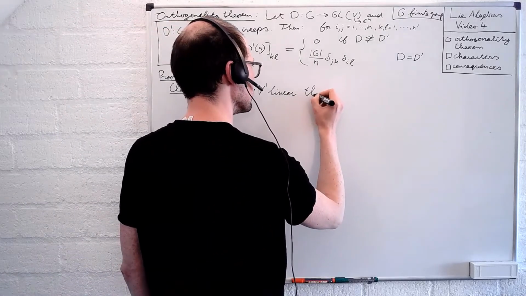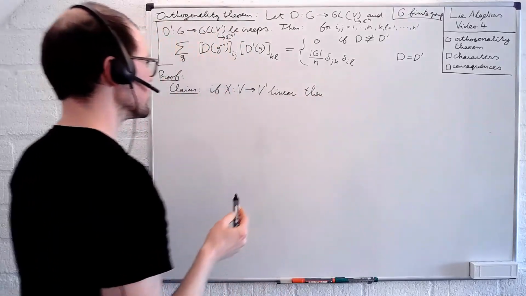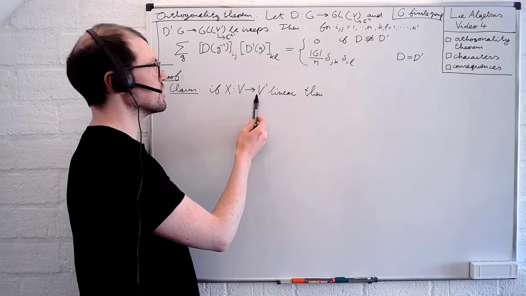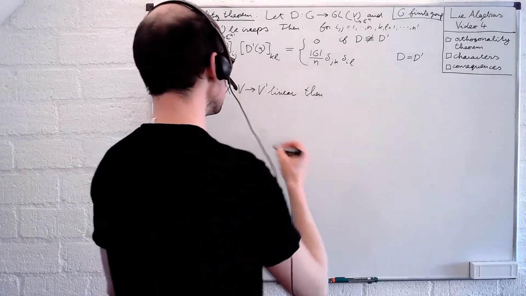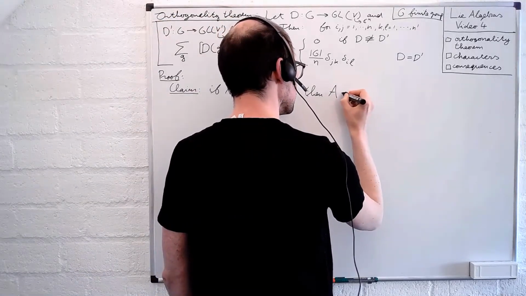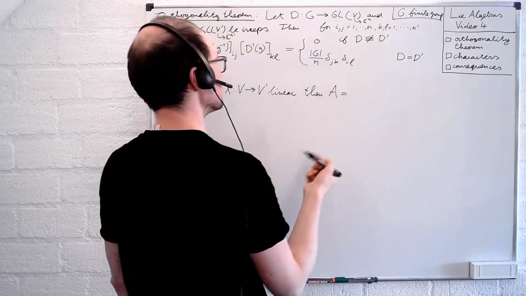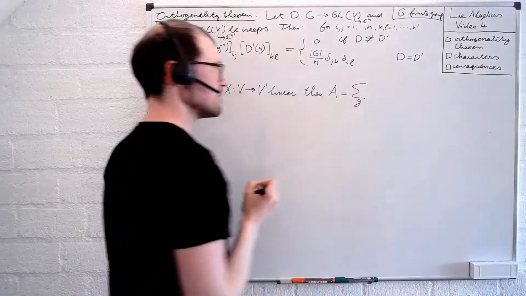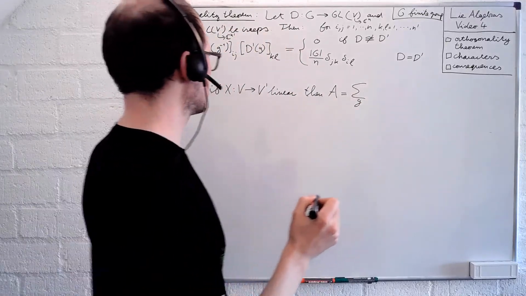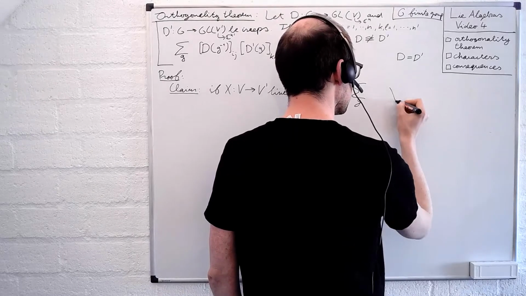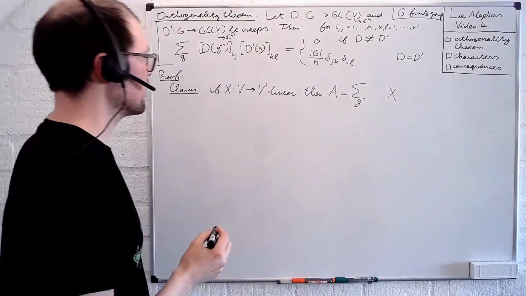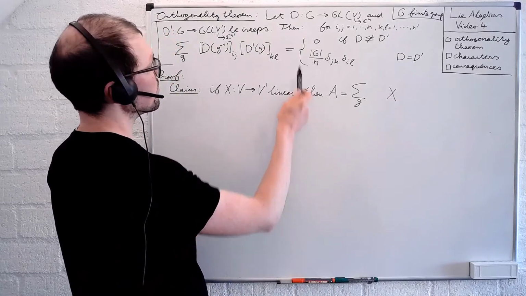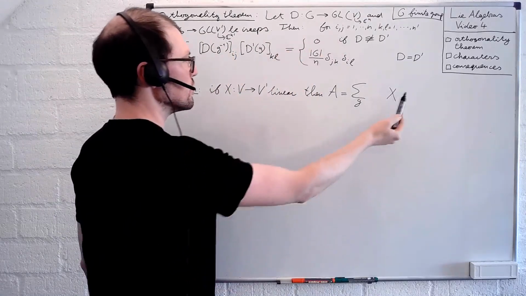then there is a natural way in which I can average this linear map or this matrix over the group as follows. I get a linear mapping A, again an n by n prime matrix, that I get by summing over all elements of the group of X, but where I transform by these irreducible representations on both sides.